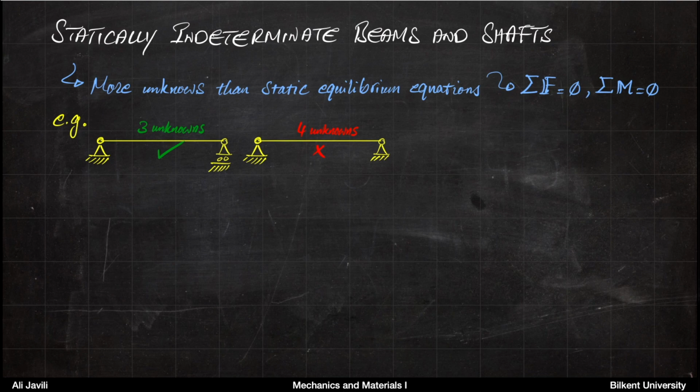So the system on the left gives you 3 unknowns. But the system on the right, if you do not have a roller on the right, so you just replace that roller by a pin, by a joint, you get 4 unknowns.